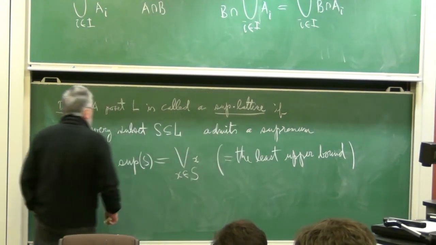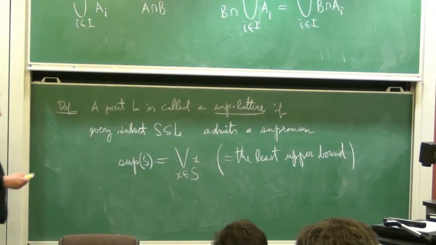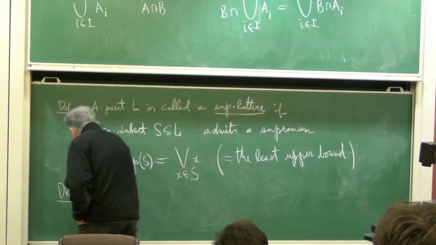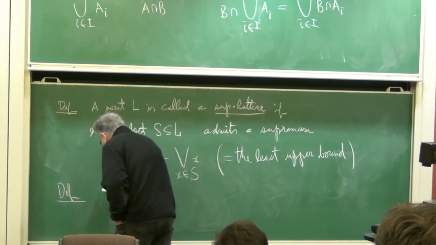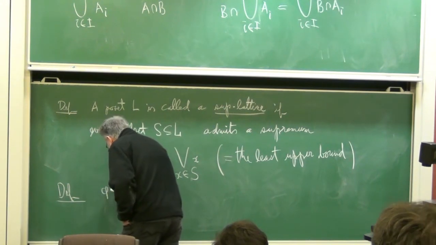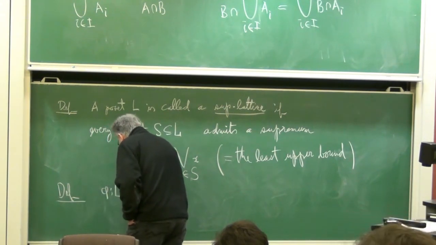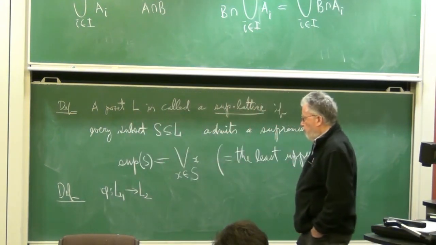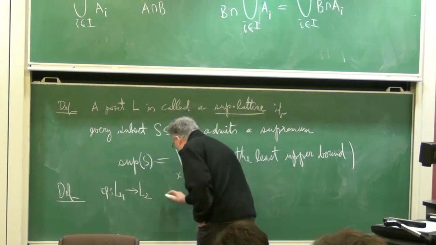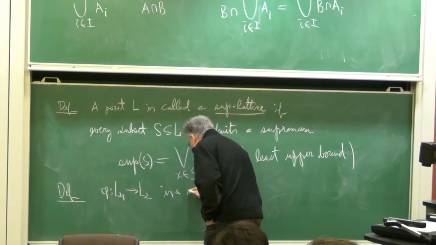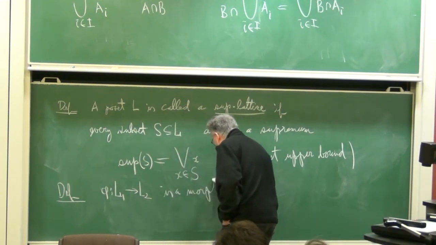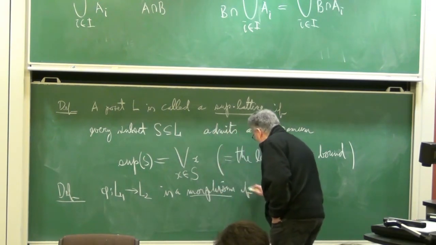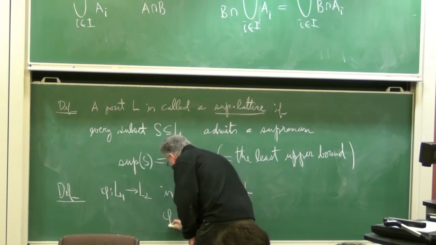Now we will need also the notion of morphism between sup lattices. So if you have two sup lattices, L1 and L2, you say that a map from L1 to L2 is a morphism of sup lattices if it preserves supremum.